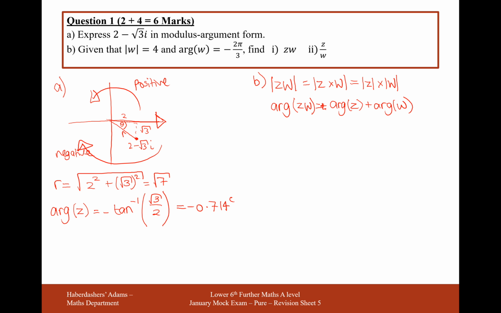In modulus argument form, this is going to look like r times cos theta plus i sine theta. This is what the complex number is going to look like. The r here is going to represent the two moduluses multiplied together.